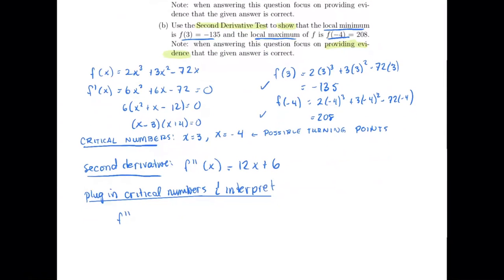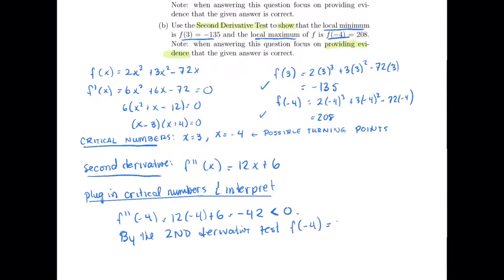So f double prime of negative 4 is equal to 12 times negative 4 plus 6, which is equal to negative 42, which is negative. So by the second derivative test, f of negative 4, which is equal... actually, let's do this. So some of you did something like this.